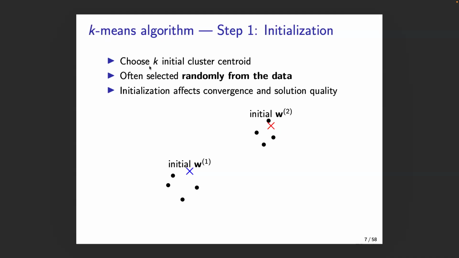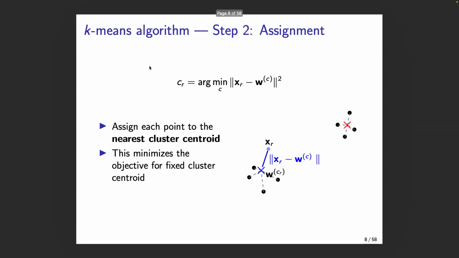We are sure that the algorithm converges, but only to a local minimum. Usually it doesn't converge to a global minimum if we start with a bad initialization. There are algorithms like k-means++ that can help with that, or you can just run the algorithm for more iterations and see when it converges better.